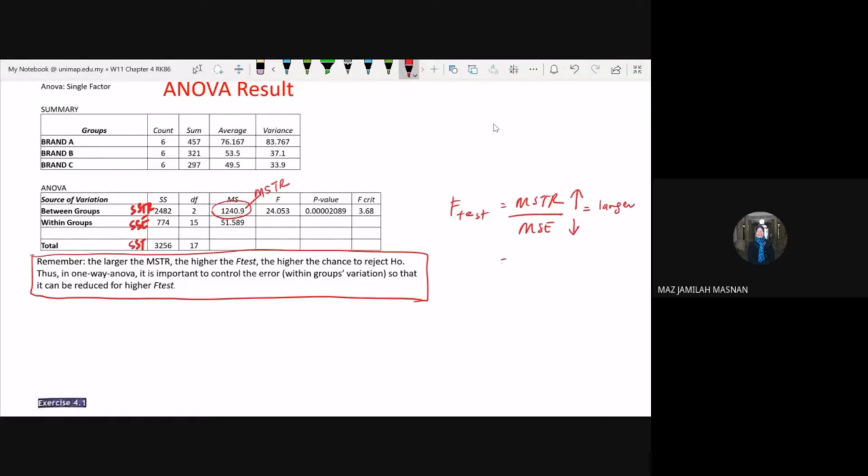If you have a lower MSTR and a higher MSE, what happens? You will have a very small F test. So if you have a small F test, what does it affect in terms of the distribution when we need to make a decision?